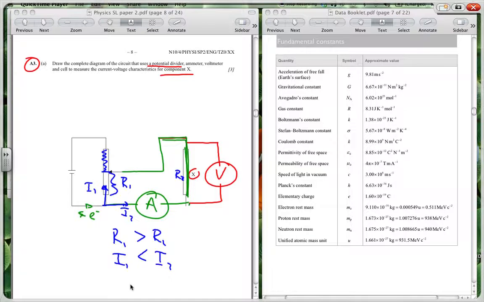So as we slide this across here, the resistance R1 will increase, and therefore your I2 will actually increase because more current will flow through this part, because comparatively speaking this resistance over here will become less in comparison to the resistance here that it has to go through if it goes through that path. And so we are going to get a varying current and therefore also a varying potential difference across this component X.